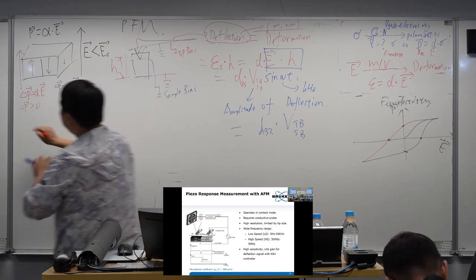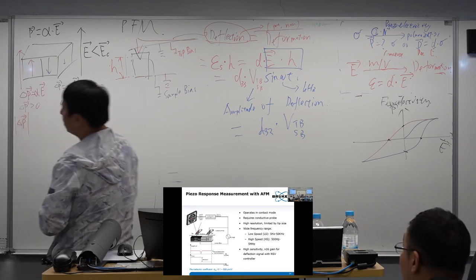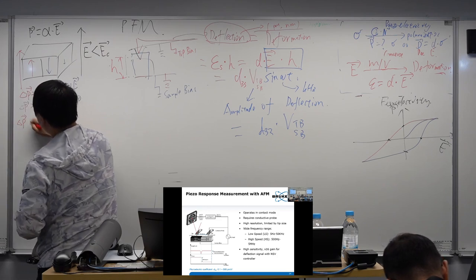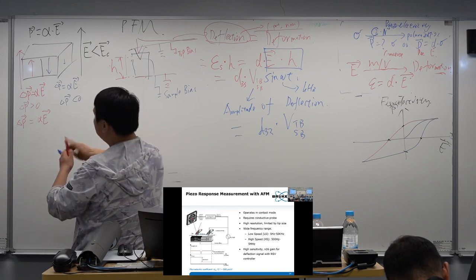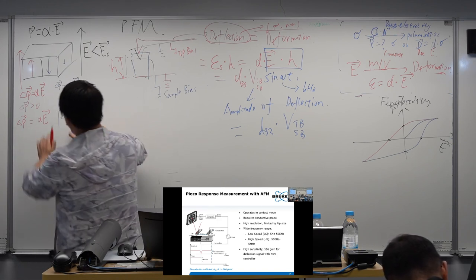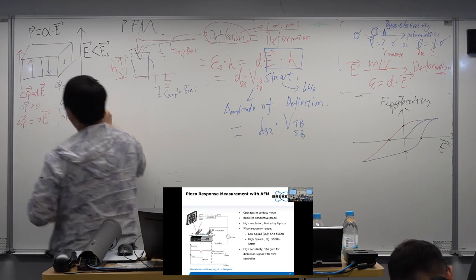So I can write it down this way: the positive one, delta P equals alpha E, but for this one, delta P equals negative alpha E.